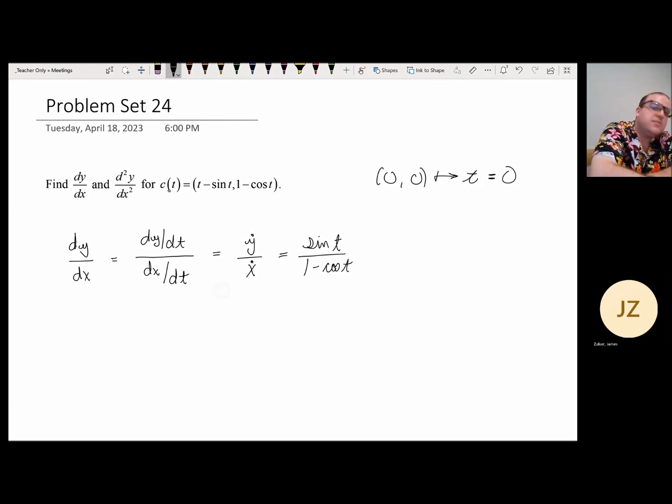You plug it into c, yes. Right, so if I gave you t equals 0, and I said, what point does that correspond to? You just calculate c of 0, right, which would be 0, 0.